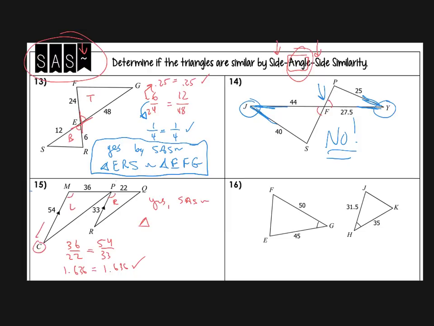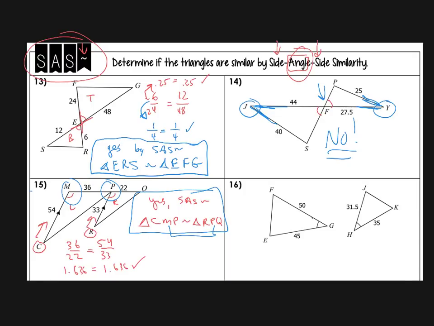I'm going to start with C and work my way up that way. So CMP is similar to. And since I know my angle M matches up with P, I'm going to start with R and work my way up that way. So that's going to be RPQ. And we're in good shape. Again, notice I know that M and P are congruent, and M and P are both the second letters in my statements. So I know that this is a pretty solid statement.